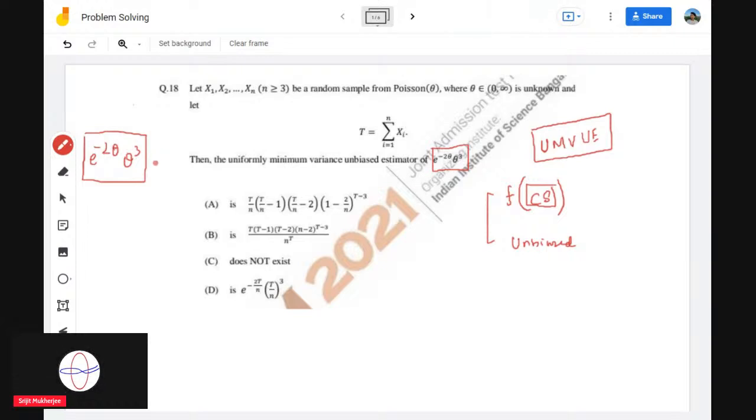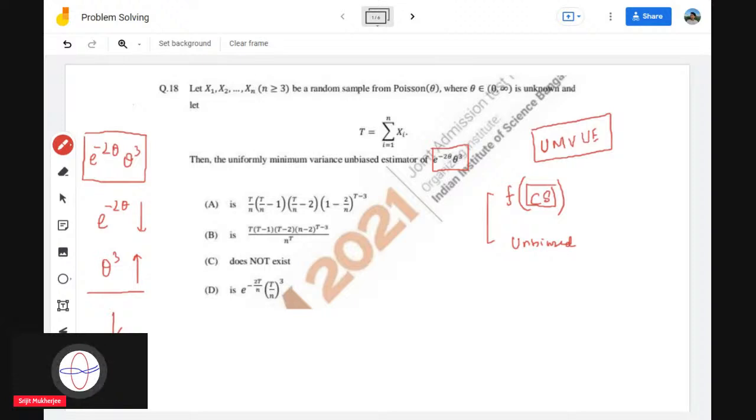What do you think? E to the power minus theta is decreasing, right? And theta cube is increasing, right? So their product is decreasing. Good. So is it bijective?